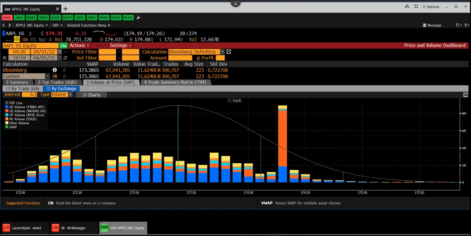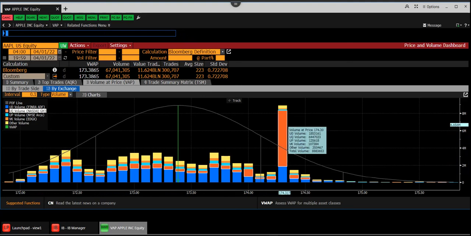So to me, that just means that either the company came out with some fantastic news, or insiders or institutionals decided to buy or sell bulk shares. But nonetheless, this gives you an idea of how people are looking at a stock like Apple for that day.